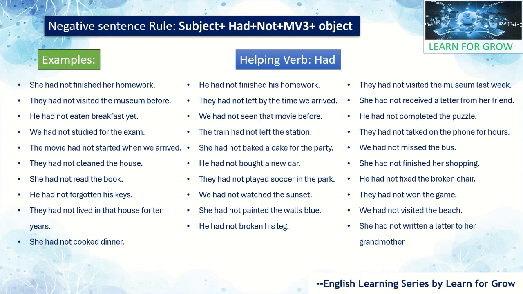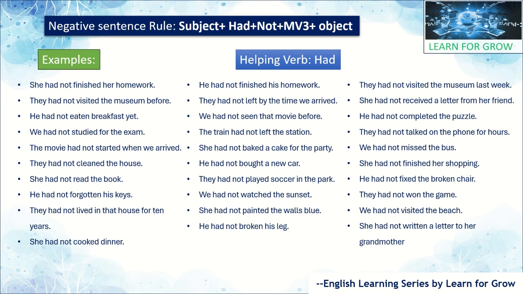From these examples, what we have noticed is that the first and foremost thing to remember is the helping verb. Here we are using the helping verb had as the basic. When the negative sentence rule comes, not is compulsory, meaning not will indicate the negation.